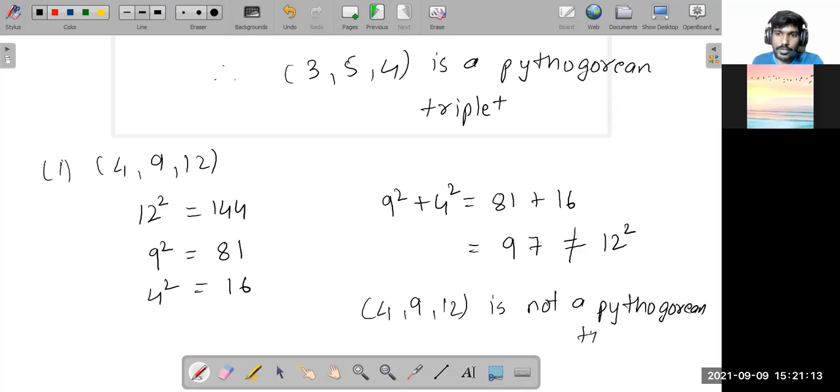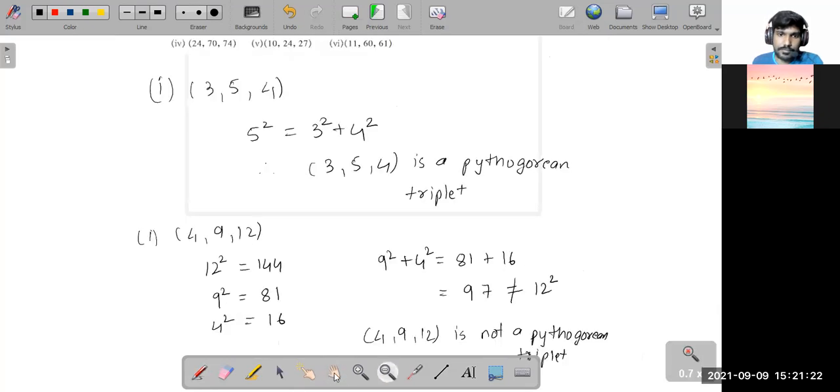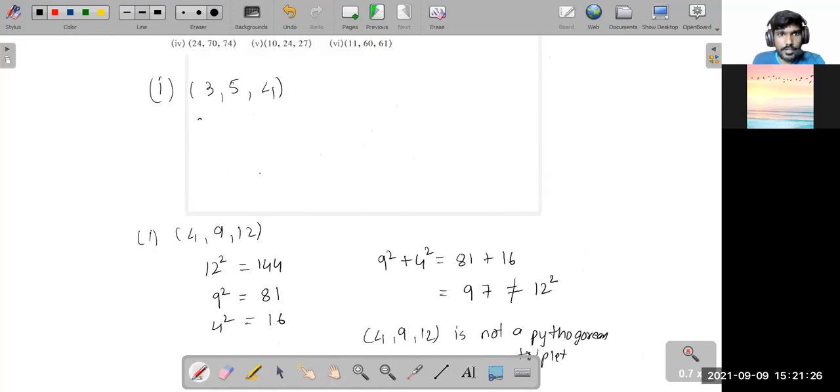Okay, the first sum you can also write like this. The first sum we had done before, so that's why I did not write it. Here you can show 3 square is 9, 5 square is 25, and 4 square is 16.